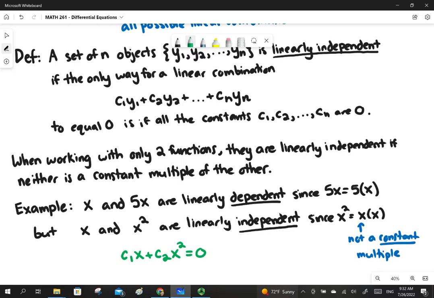So when we say it equals 0, we don't just mean for specific values of x. We mean for all x. So we could use this triple equal sign to say it's constantly equal to 0. That could only be true if both c1 and c2 were equal to 0, because we know there's no way that just an x could cancel out an x squared. They're not like terms. There's no way they could combine to be 0.